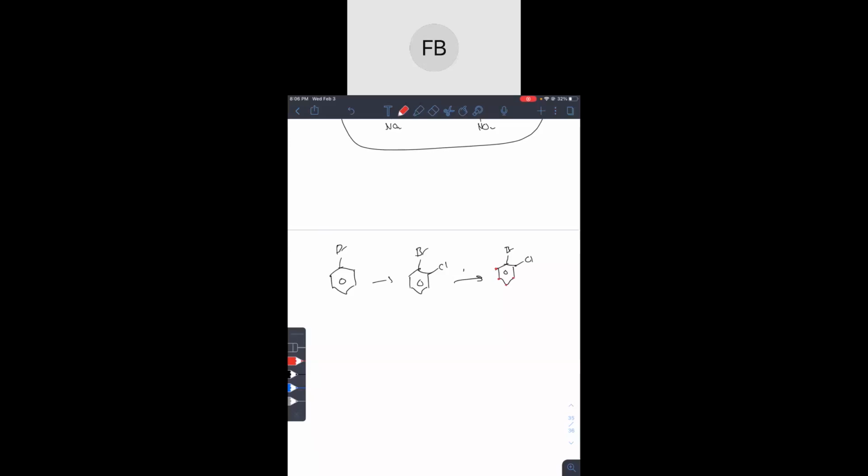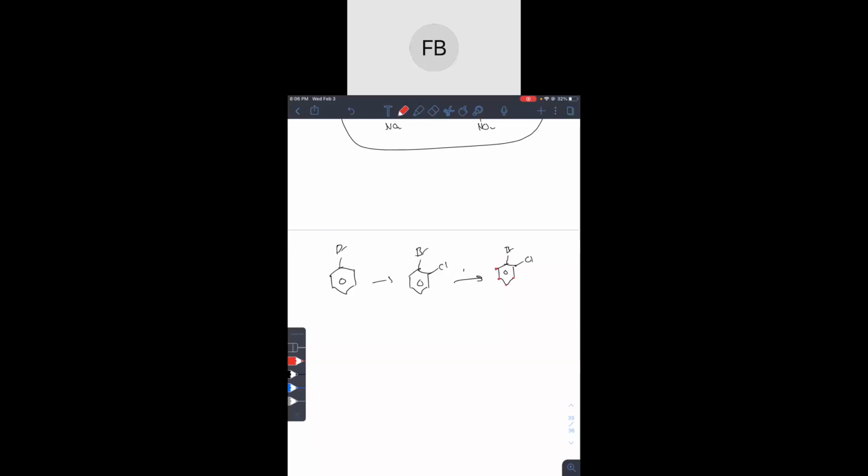I think it could go in either the one that is 3 away from BR or the one that is 3 away from CL. Or it could go to the one right next to BR or the one right next to CL.